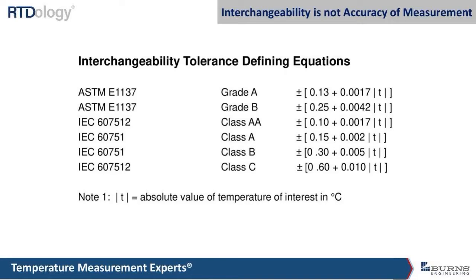For example, for this class A per the IEC standard, we take 0.15 degrees C at 0 degrees C, and to add in the difference, we would take 0.002 and multiply it by the temperature in degrees C. So at 100 degrees C, we have 0.002 times 100 plus 0.15, and that'll get you your interchangeability tolerance for that temperature.